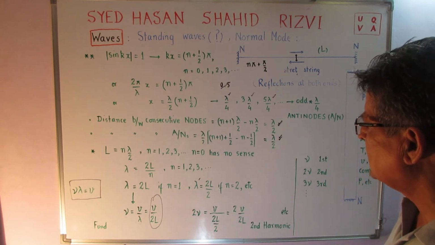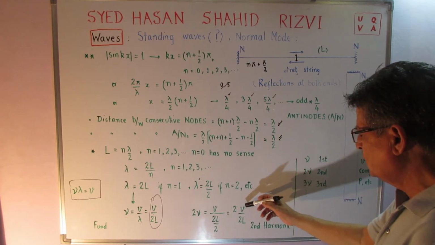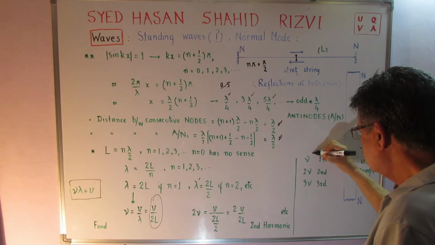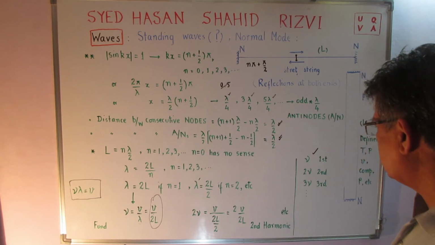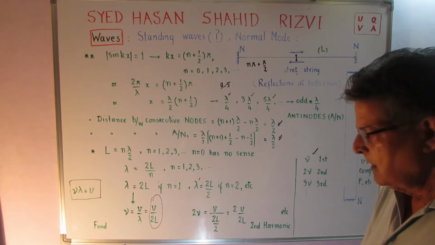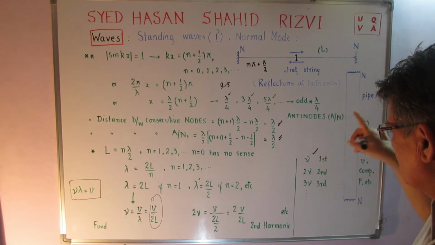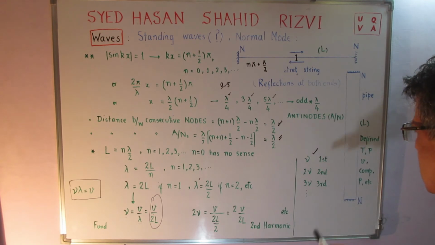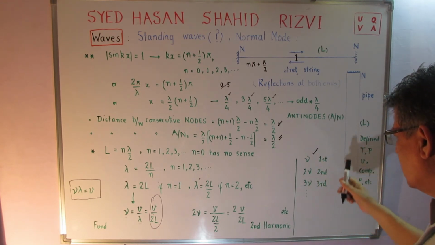This I can write as nu dash, and it turns out to be 2 into v upon 2L. So we find that if the frequency of the fundamental mode of vibration is nu, then we get nu, 2 nu, 3 nu, 4 nu, like that. And we call them second harmonic, third harmonic, fourth harmonic, etc.